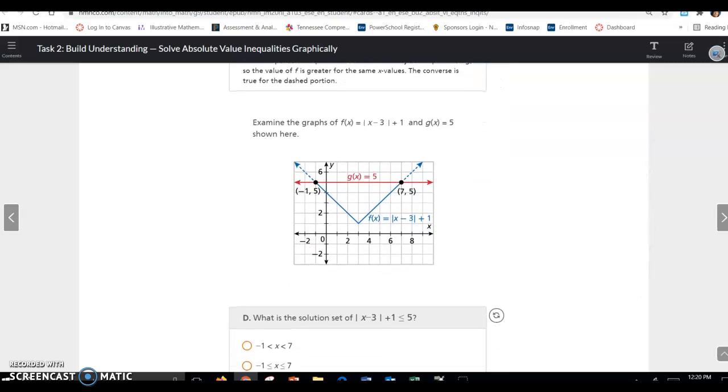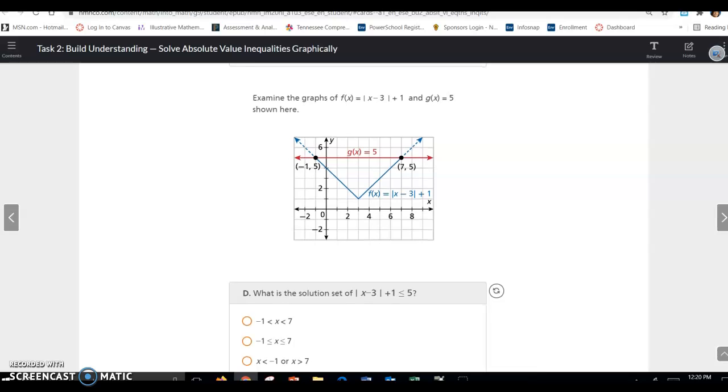All right, examine the graph of f of x equals the absolute value of x minus 3 plus 1 and g of x equals 5 shown here. So you can see the two endpoints or the intersection points. So you've got x equals -1 and 7. And it says what is the solution set for absolute value of x minus 3 plus 1 less than or equal to 5.